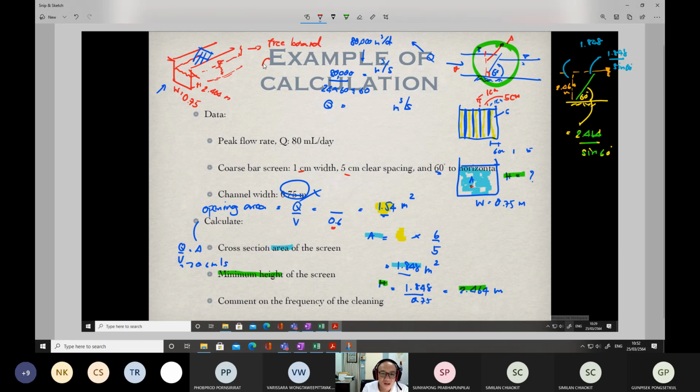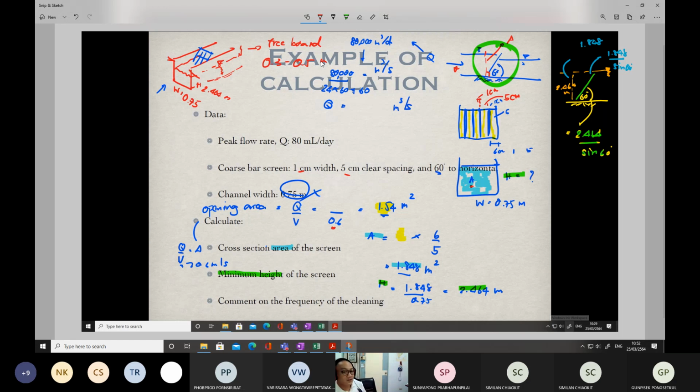Normally 1 foot or up to 50 centimeters. It depends on the type of channel, it depends on the flow rate, and it depends on many other factors, such as the type of unit operation.